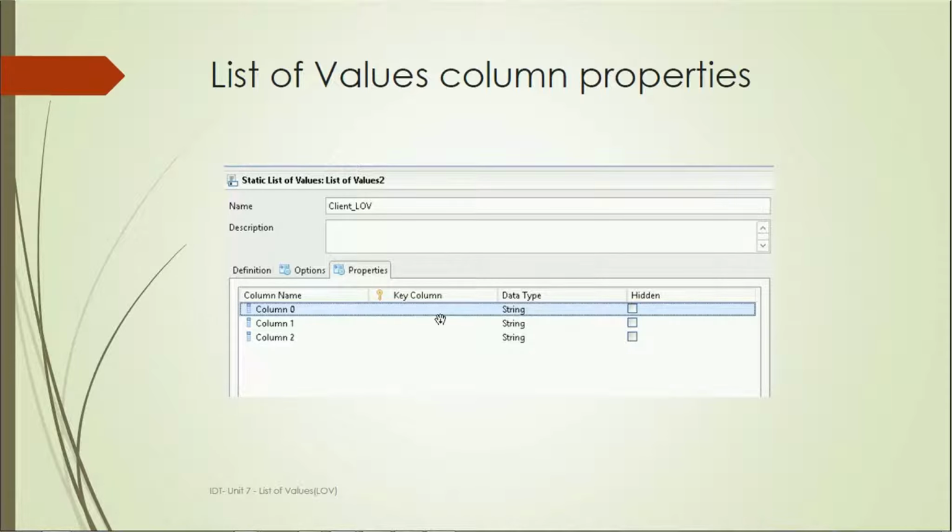Key column is a primary key or foreign key, which we want to select. This is for index awareness, to speed up data performance, so we can set it here. Data type may be string, numeric, or short, like that. And hidden: if we don't want to show this to users, we can make it hidden by selecting it.